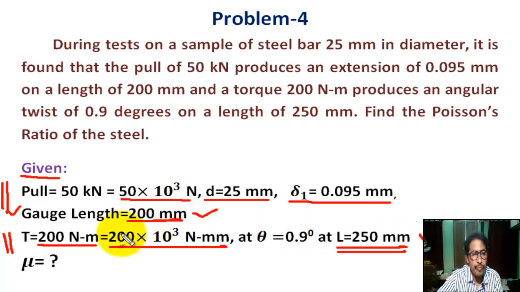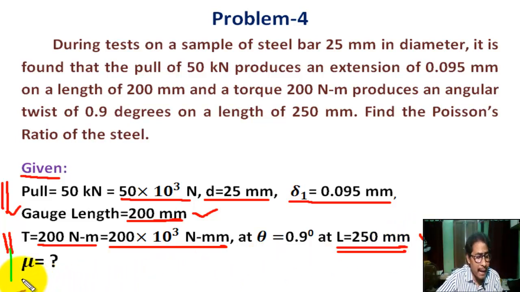Okay. Tensile test is done on gauge length 200 millimeter and torsion test is done on length equal to 250 millimeter. Okay.